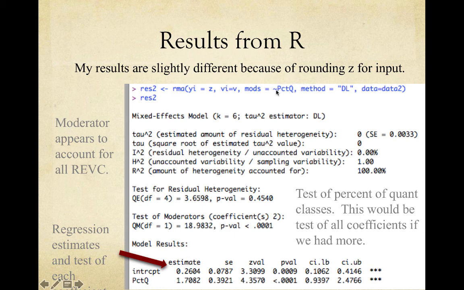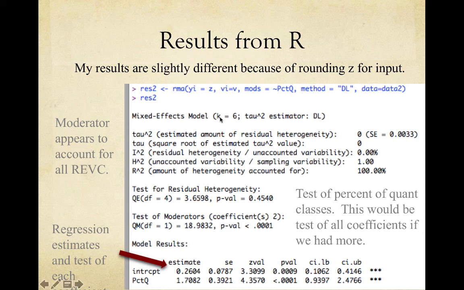So now notice there's no factor or anything here. I just say it's distributed as percent quant. So this is a quantitative variable, and it's going to treat it as such. Method is DL. So I've asked it for this for the random effects variance component estimate.